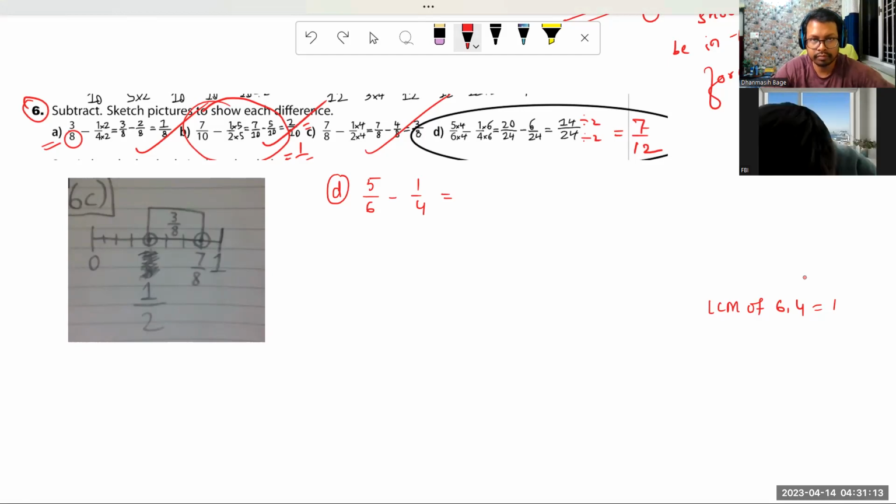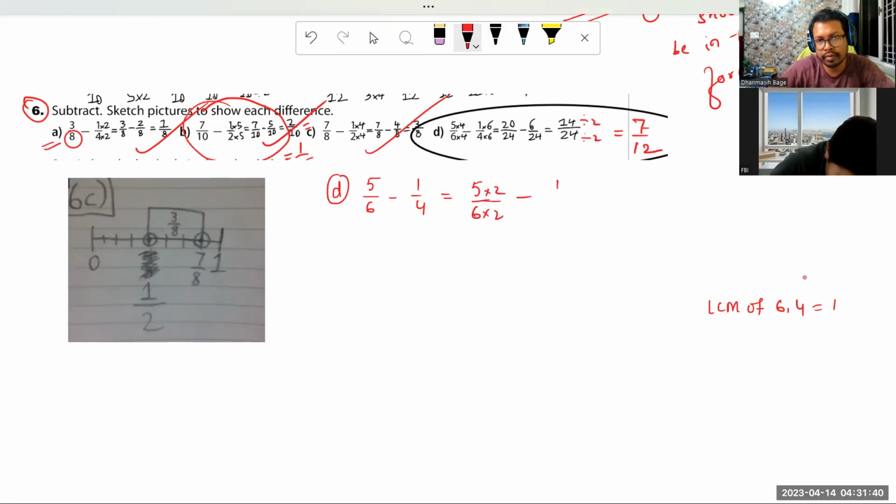Write down the number line. First you redo it. LCM 12, right? Now make the denominators 12 instead of 24. You will directly get the answer. Subtract it. 5/6 multiplied by 2 minus 1/4 multiplied by 3.